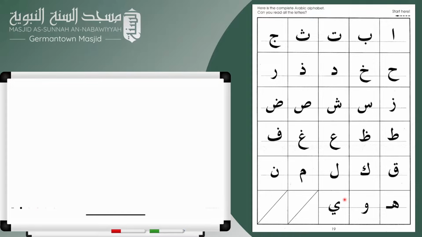Excellent. Let's go over it from the beginning. We're starting from the top, and we're just going to read it straight so that we have more fluency with it.